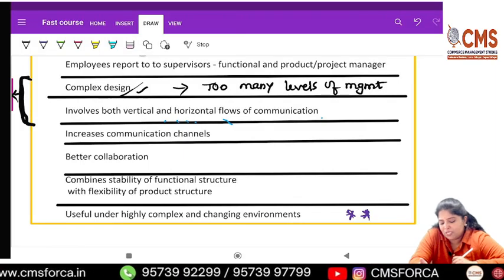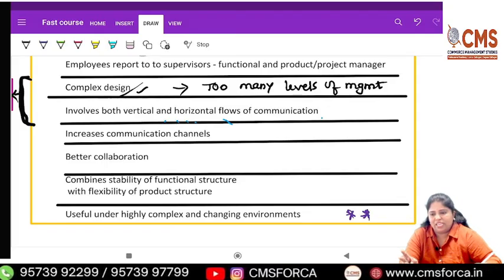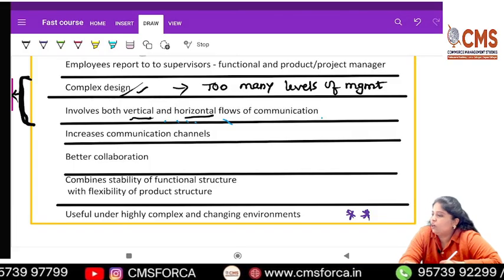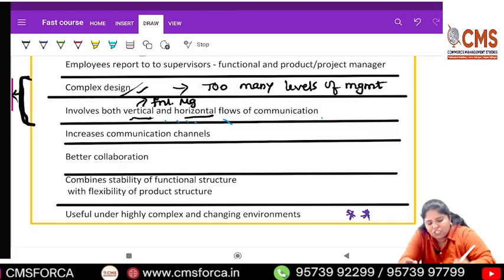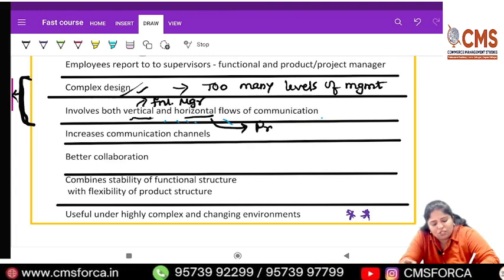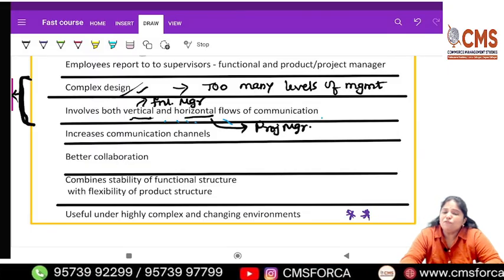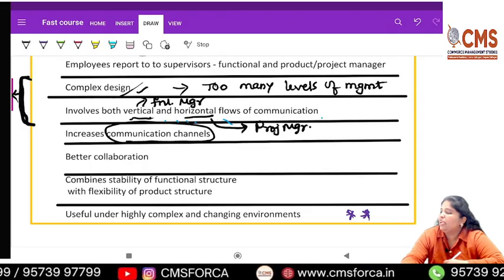Matrix structure has a very complex design. It has two flows of communication, as I explained just now: vertical and horizontal. Vertically, communication goes to the functional manager. Horizontally, communication goes to the project manager. Because of too much communication, the communication channels will increase.